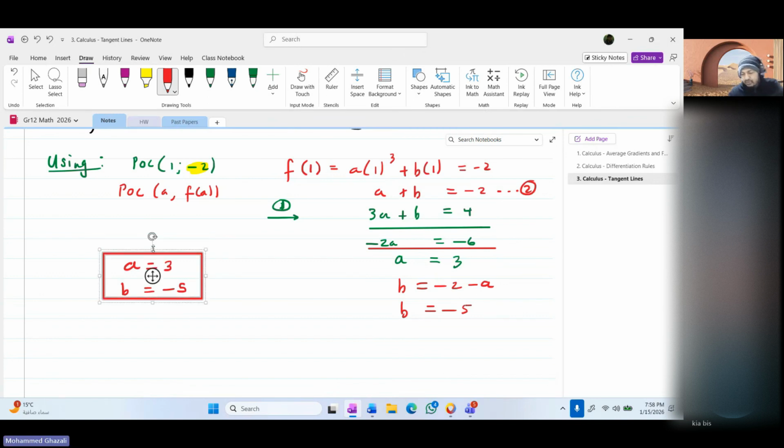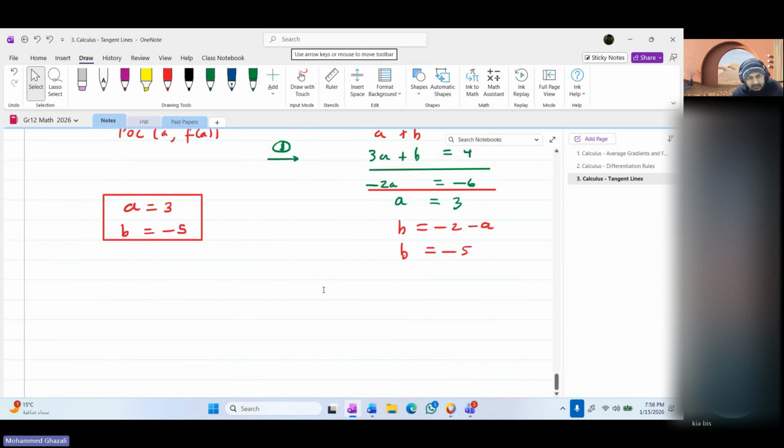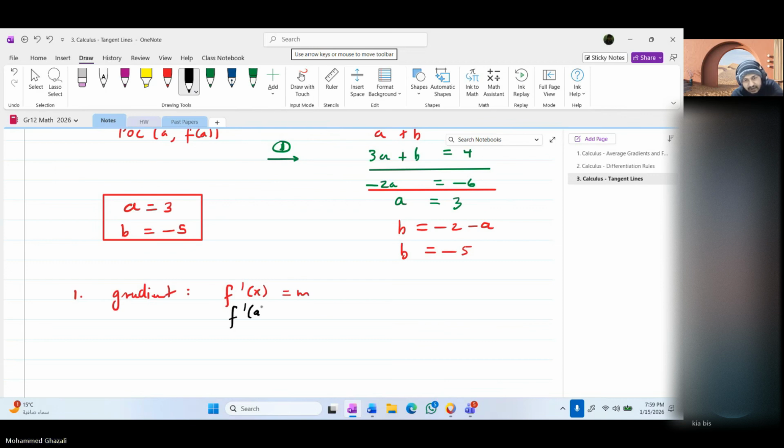And that will give us the cubic function. Because remember, now we are working backwards. So how do we create two equations? Always remember, whenever you are working with a tangent line, you have two important things. Number one, for the tangent line, you have the gradient, right? Gradient is always f prime x equal to m, and in this case, if you are given a value, then f prime a is equal to m.